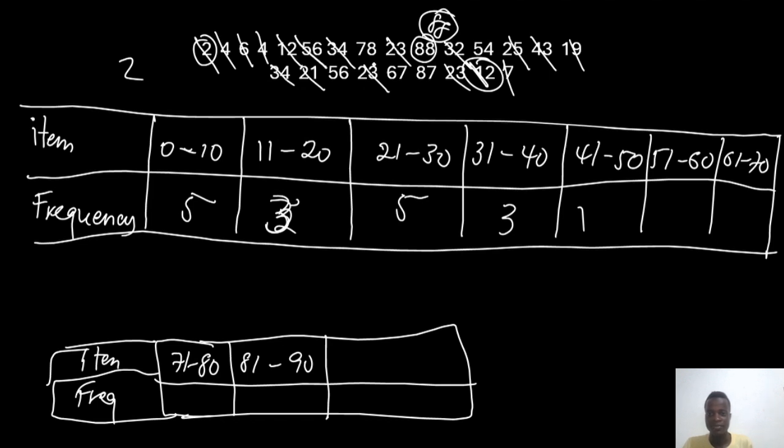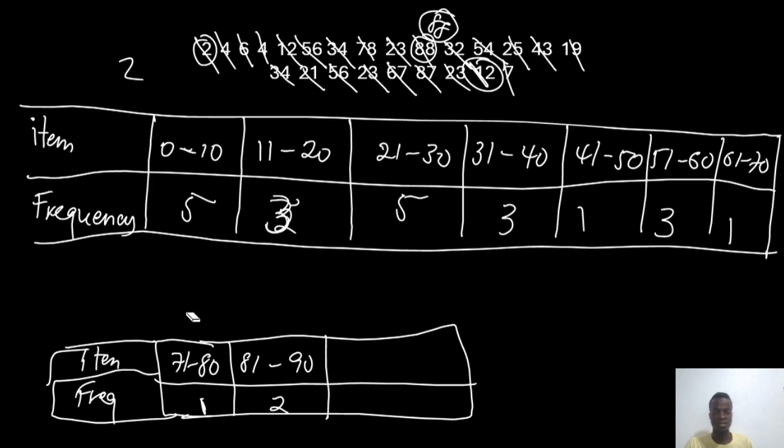So I have 1, 2, 3. 61 to 70. So we have 61. That's 1. Next one is 71 to 80. I have 1 here. 81 to 90. That's 1, 2. So we have 2 items.